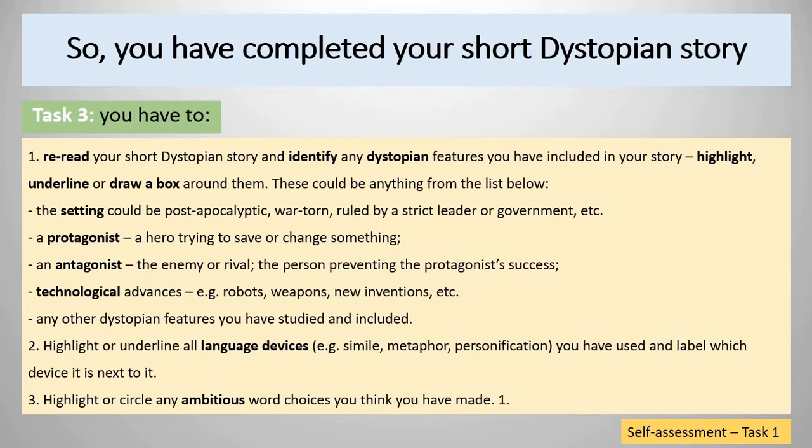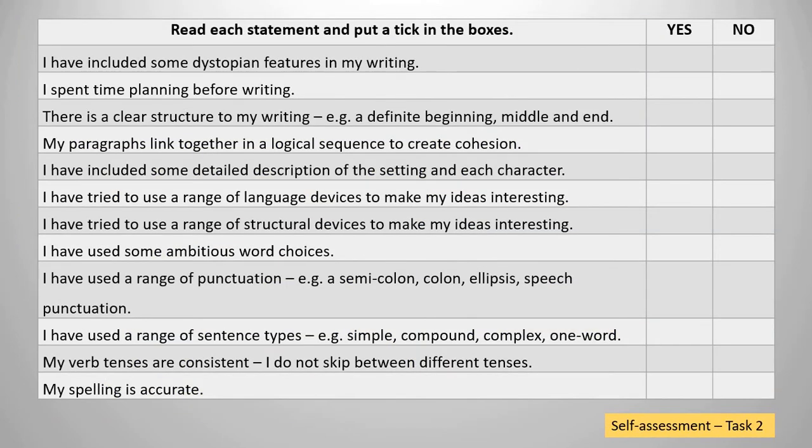And I want you to put a label next to them for which one you've used. And then highlight or circle any ambitious word choices that you've used. So any words that you think, actually, I really tried with that word, I used that word to give a specific feeling or image about this scenario. Make sure that you highlight or circle that one.